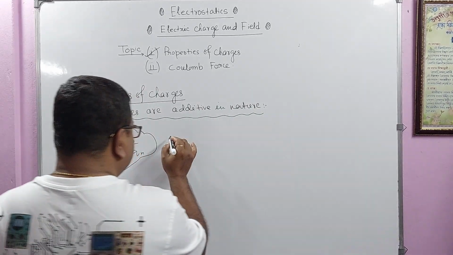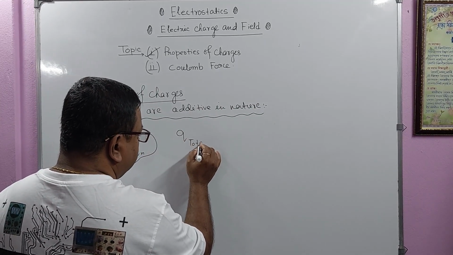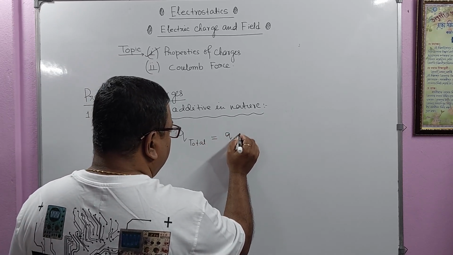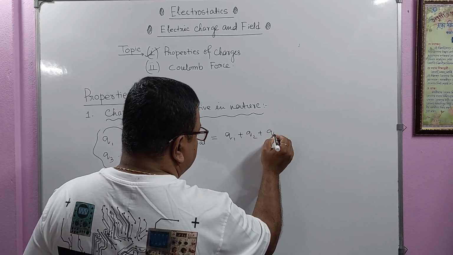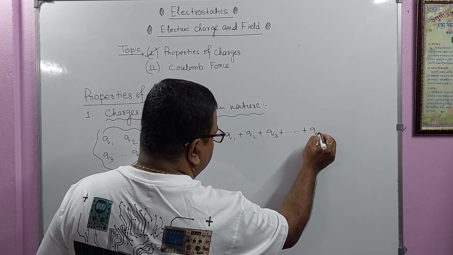The total charge of the system is Q total equal to Q1 plus Q2 plus Q3 plus up to Qn.